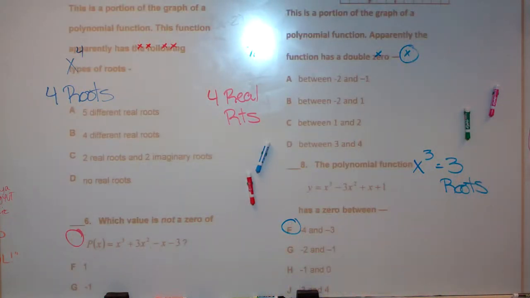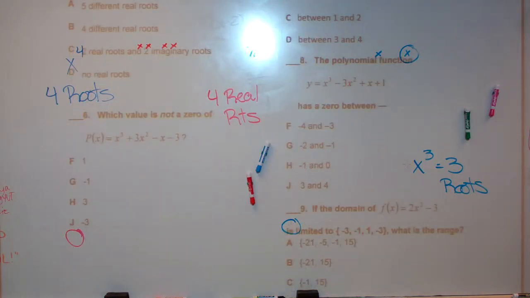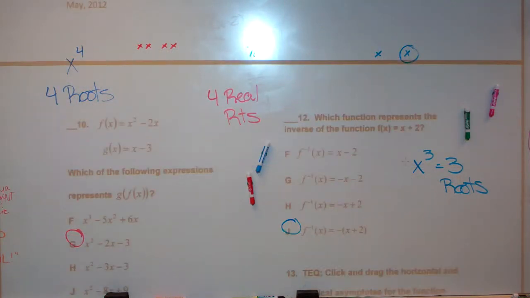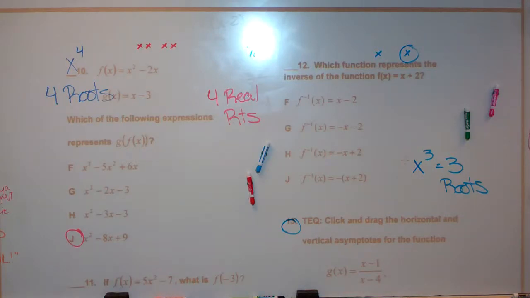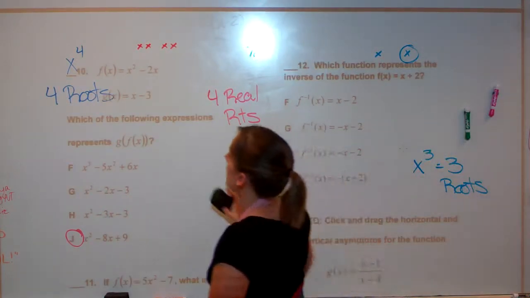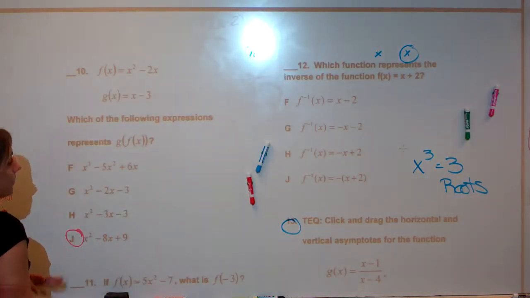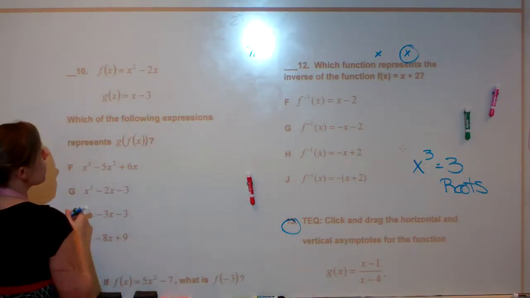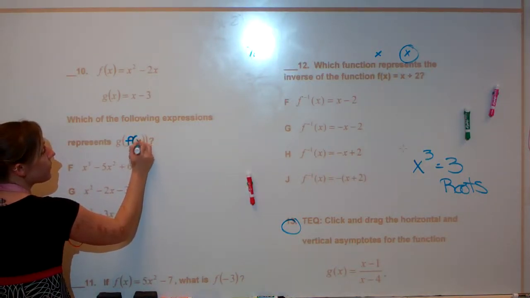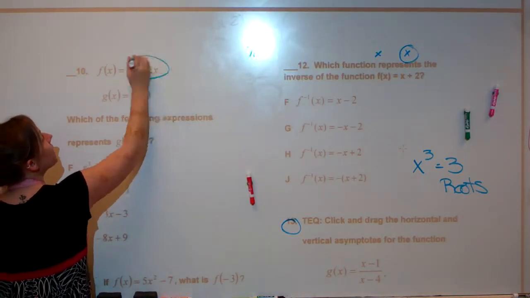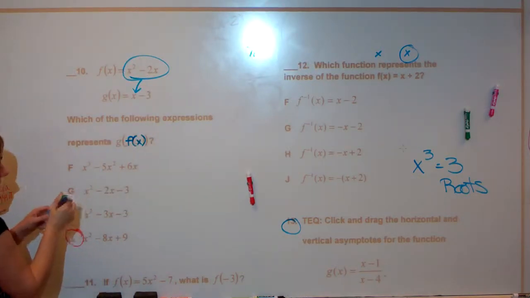All right, I think for the most part, everything else was not too hard. I may have had a question on this one right here. Remember composite functions? You put one inside of the other. So this is saying to put f inside of g.